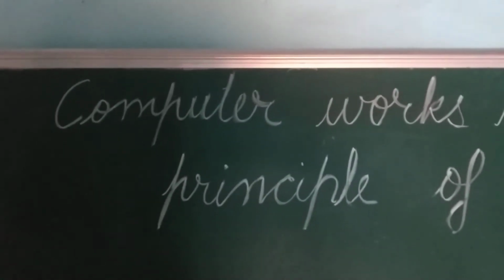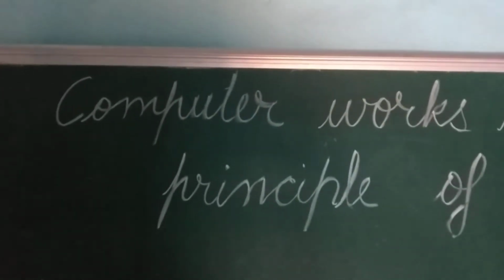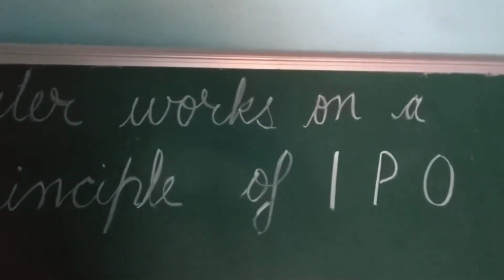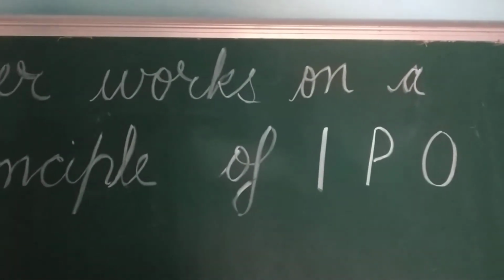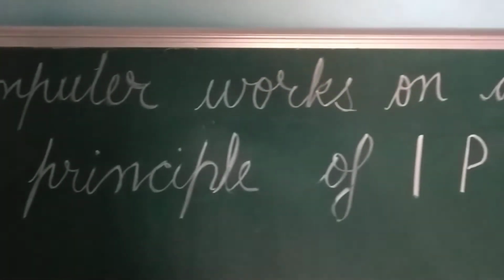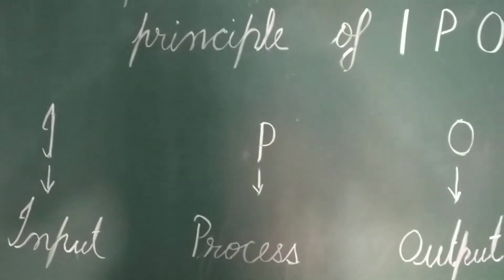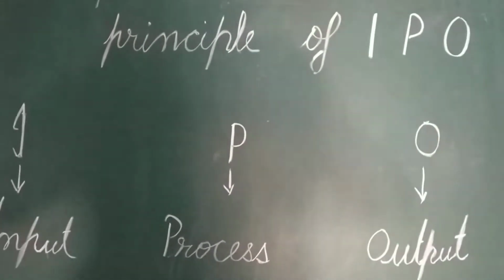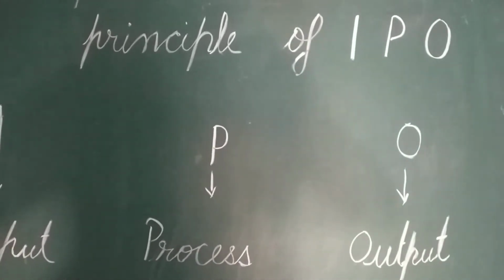As we all know, computer is an electronic machine that works on the principle of IPO. It means computer works on the principle of IPO, where I is for input, P stands for process, and O stands for output.